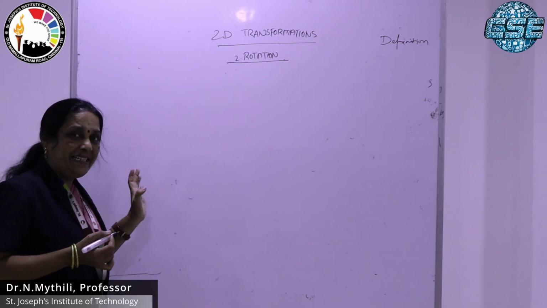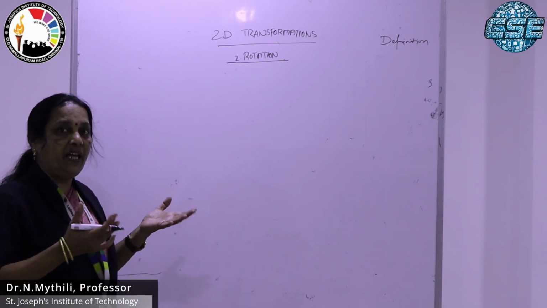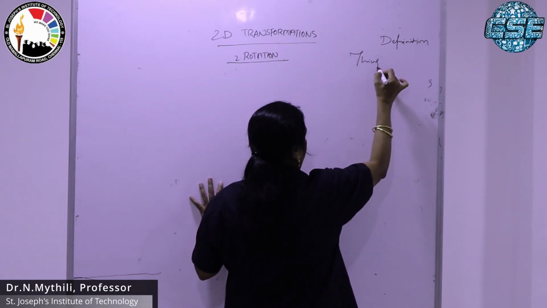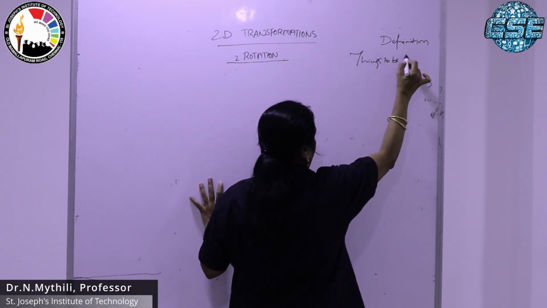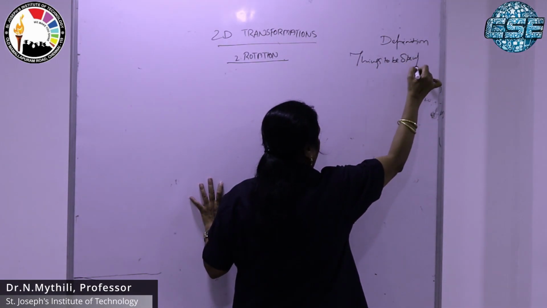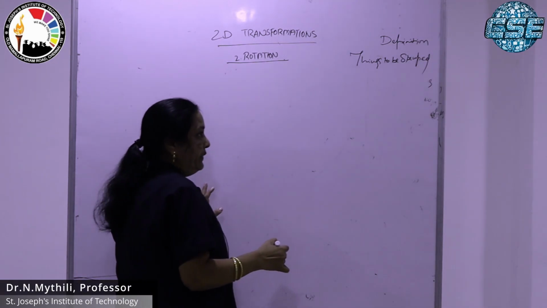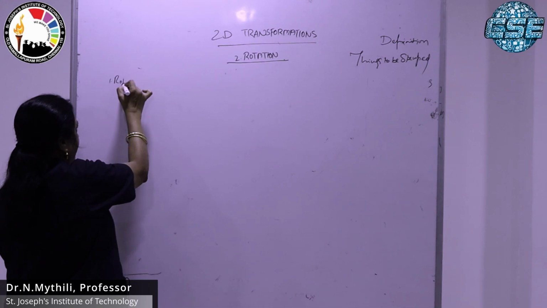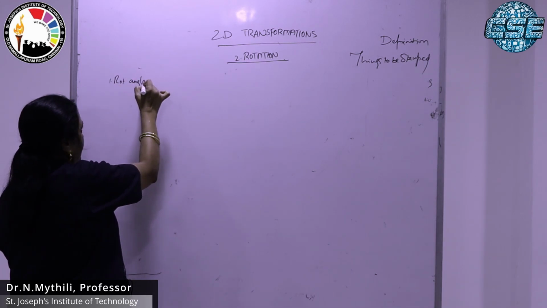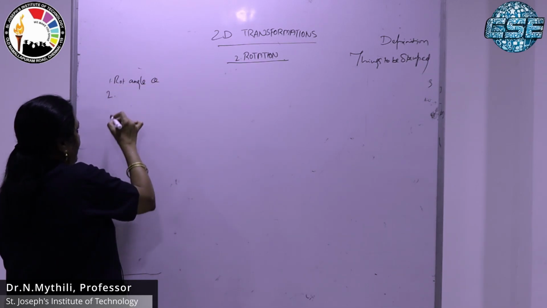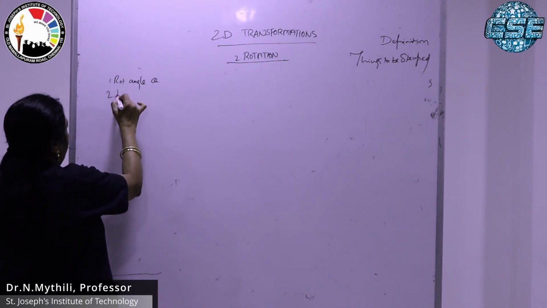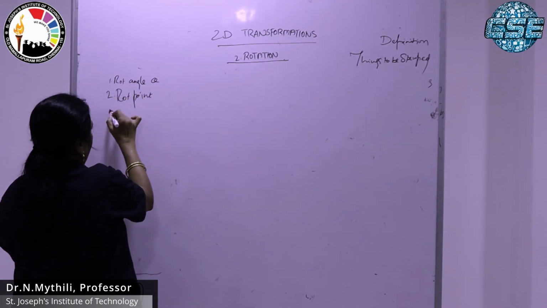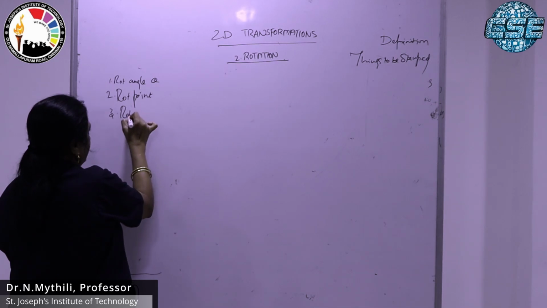And the things needed to be specified for having rotation are: number one, rotation angle theta; number two, rotation point; number three, rotation axis.